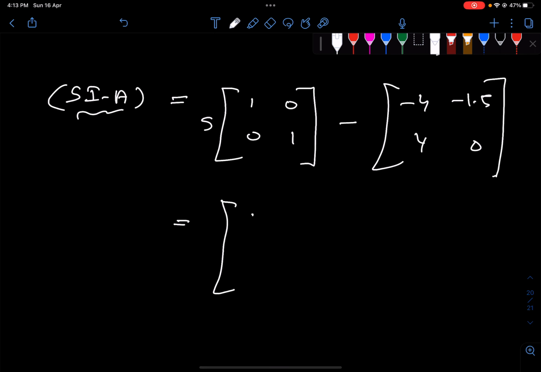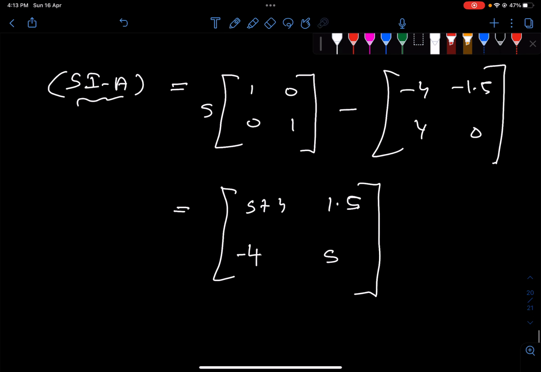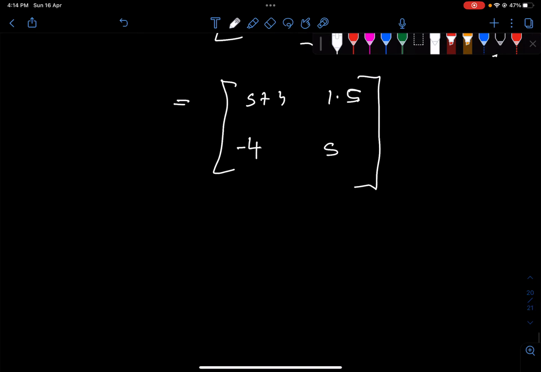This will be s plus 4, and 1.5, then minus 4, and s minus 0, just s, right? If there is doubt, here s, and minus of minus 4 is plus 4, and minus of minus 1.5 is 1.5, and minus 4, and s minus 0. So now its inverse, (sI minus A) whole inverse.